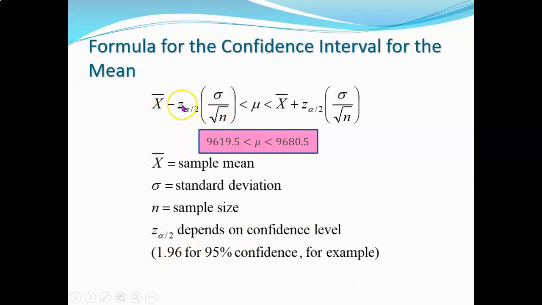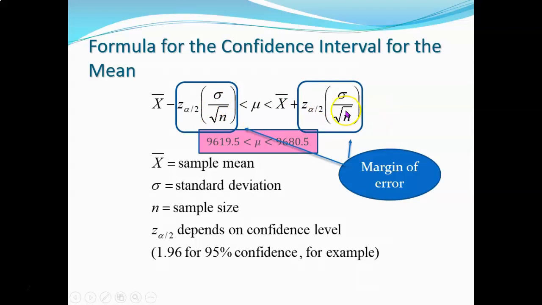But notice that both parts of the formula, the part over here and the part over here, are almost exactly identical. It's just that one part has a minus and one part has a plus. So one part has X bar minus something and the other part has X bar plus that very same thing.